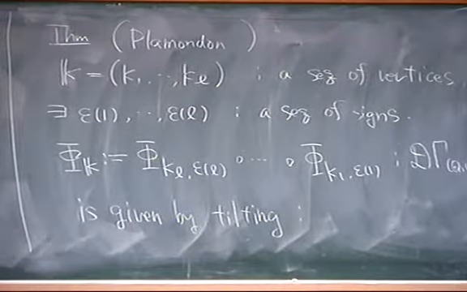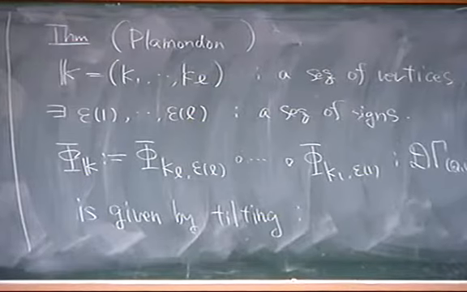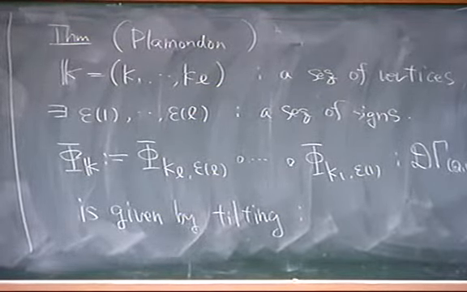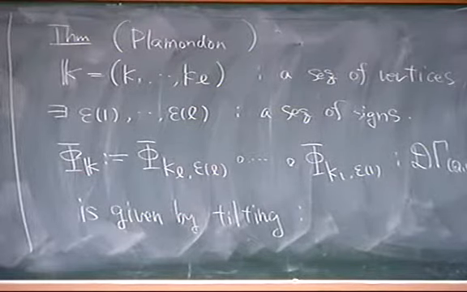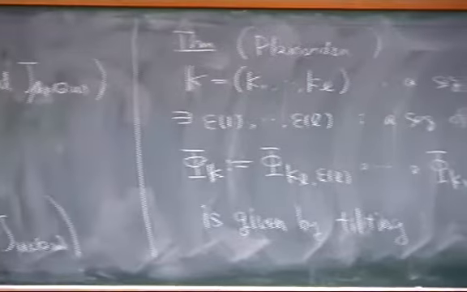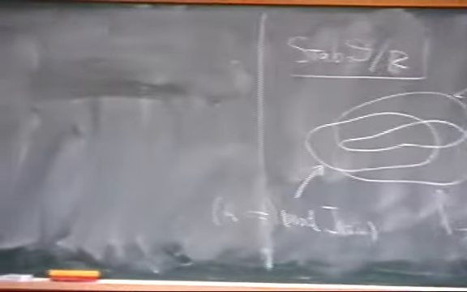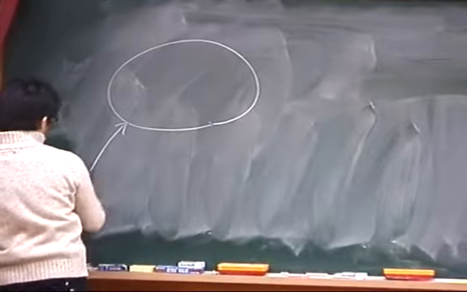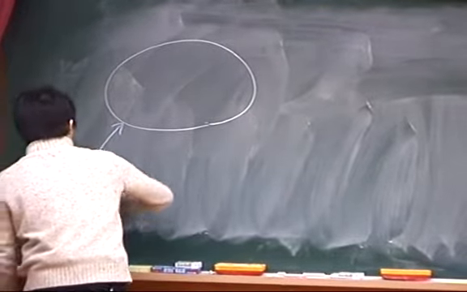So in the space of stability condition, we have the following picture. So originally we have A, which I denote A0 here.